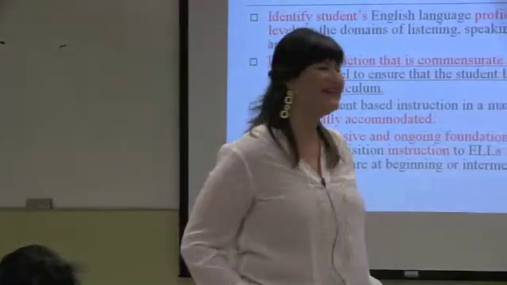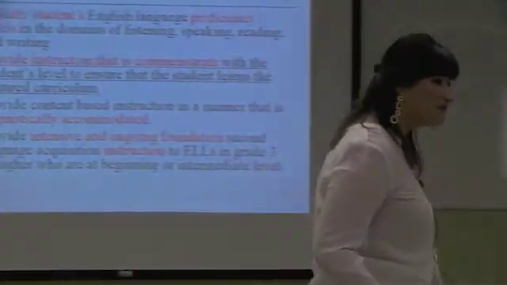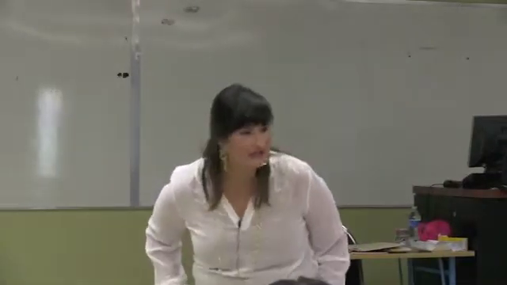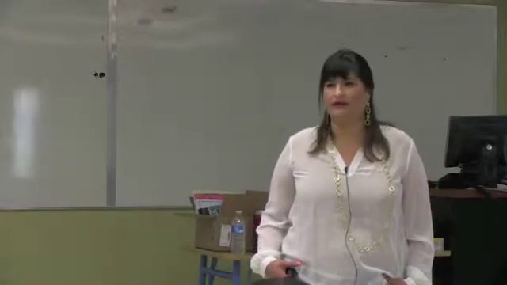So commensurate means at the level. If I'm supposed to be teaching that, I'm supposed to teach that for everybody in my classroom. If they're special ed, if they're GT, if they're ELL, or, on my campus, very rare, just that one regular kid.